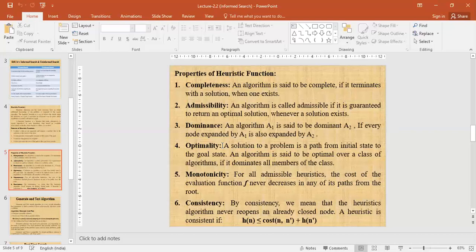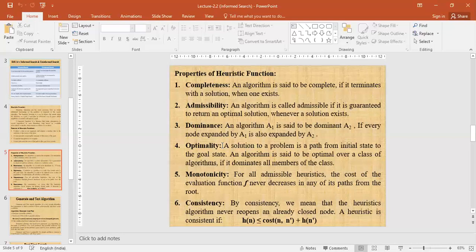Next is monotonicity. For all admissible heuristics, the cost of the evaluation function f never decreases in any of its path from the root. This property of heuristic is called monotonicity. Consistency.